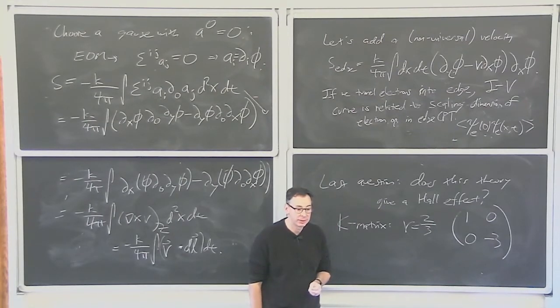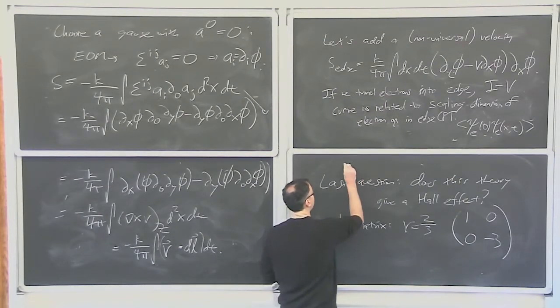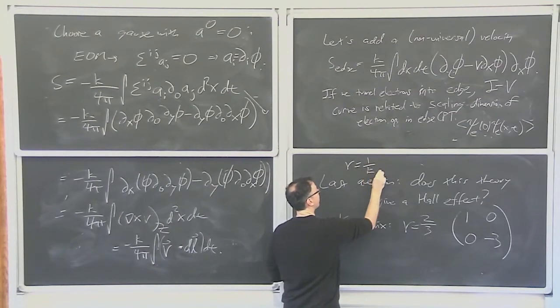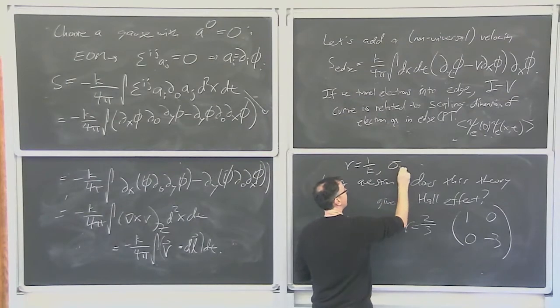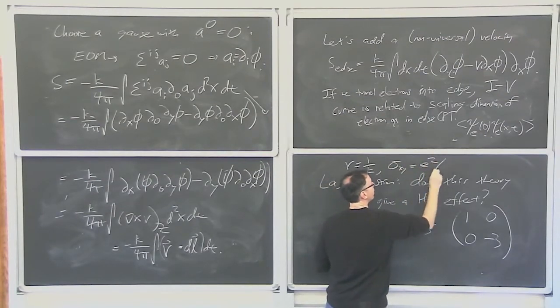But let's take the simple Chern-Simons with only one field and a value of k. Nu in general is, and the conductivity is what? So then, yes, one value of k, and nu is 1 over k in the simple case, and sigma xy is e squared over hk.